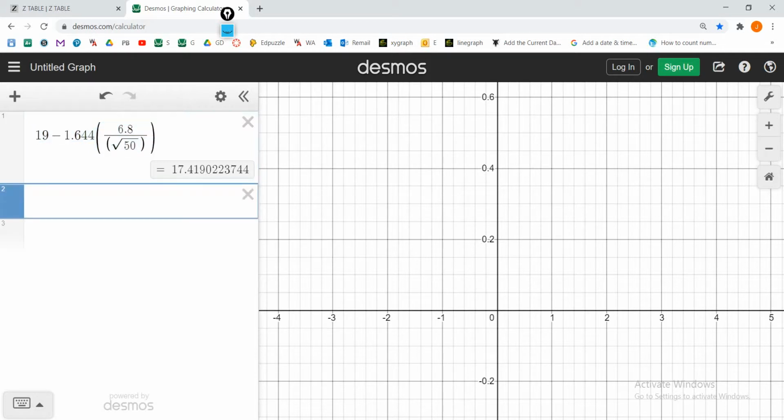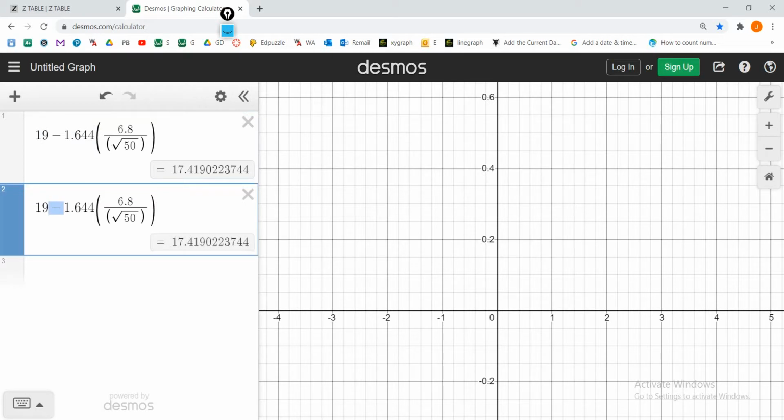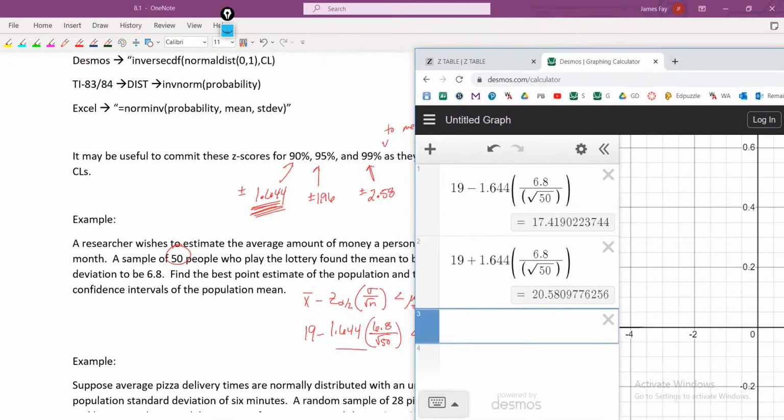I'm going to find my upper bound by cutting and pasting this, and instead of subtracting this, we're going to add this. So what we're saying now is that we can be 90% confident that our population mean, in regards to the average amount people spend on lottery tickets in a month, occurs between a dollar amount of 17.4 and 20.58.